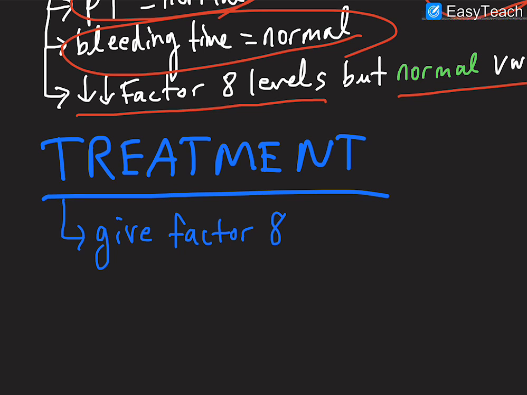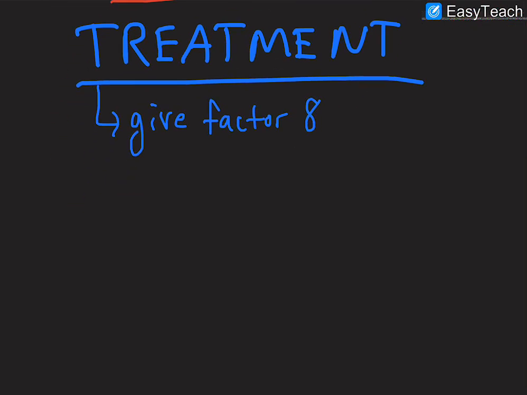All right. Now, before we move on to the treatment, one thing I want to mention is because your PTT is elevated, right? What you would want to do is a mixing study, okay? Because you want to know, is this due to a coagulation factor deficiency, or is this due to some sort of antibody or coagulation factor inhibitor, right? That we have.